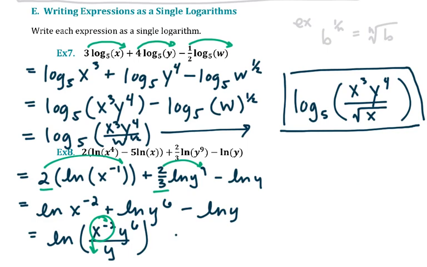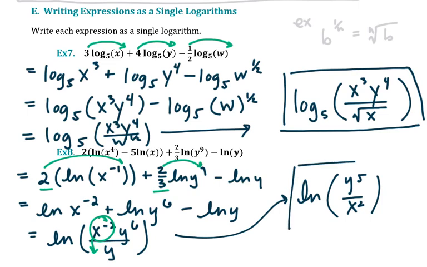So my final answer here is I end up with the natural log of y to the 5th over x squared. And I have condensed that to a single log. There should only be one logarithm in your final answer.